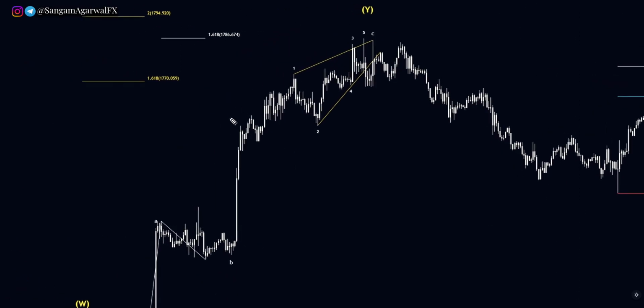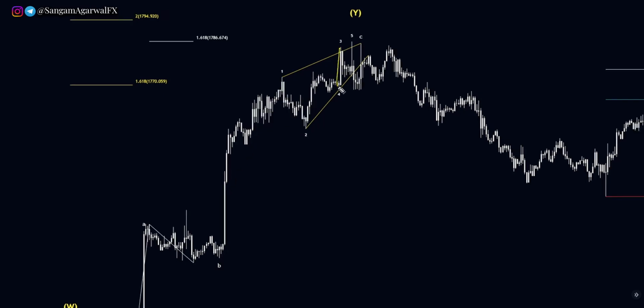And when we do wave counting, our first impulsive wave 1, then correction 2, third impulsive wave, then fourth wave correction, then fifth wave which is the final wave, and here three waves: wave Y, lower degree wave C, and further lower degree wave Y. Three impulsive waves are ending at the same time, because that was your CPI and that was an overextended bullish trend.